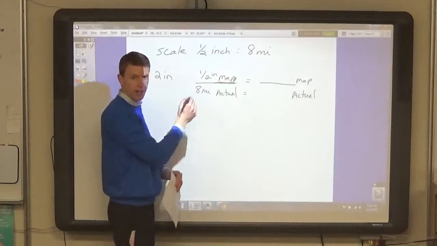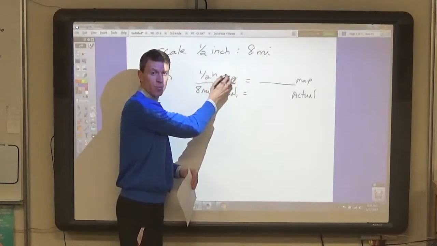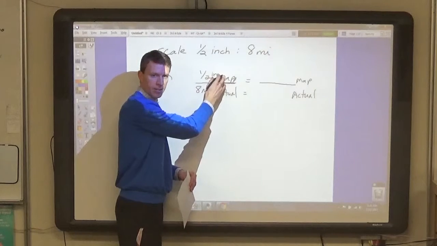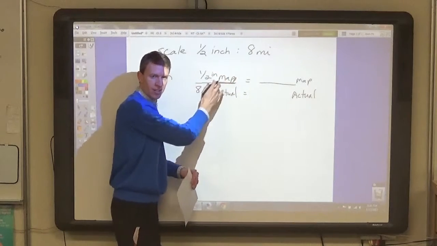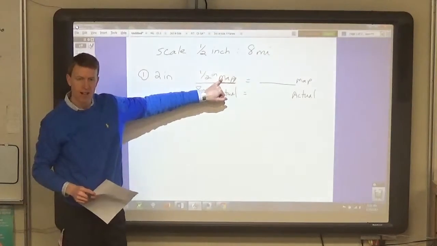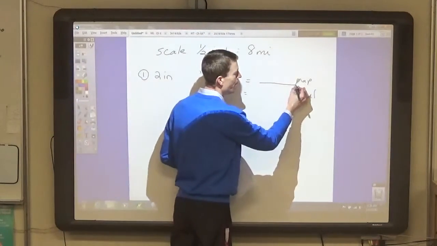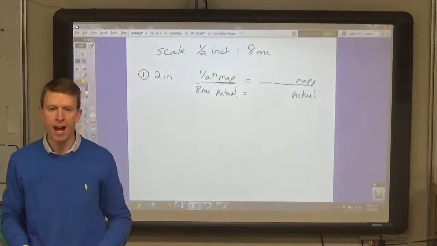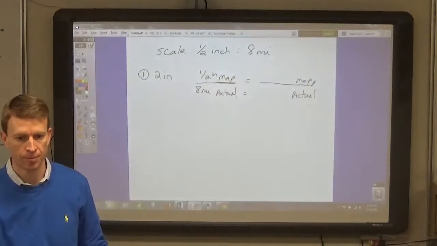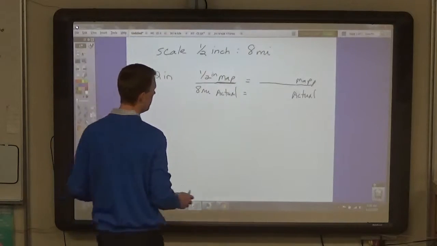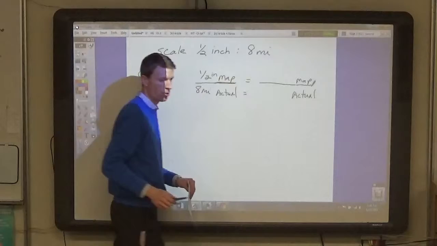So you draw a line, and on the top, like in the numerator of a fraction, you write map. In the numerator, you write map. And then in the denominator, write actual. Map over actual is equal to the map over the actual.